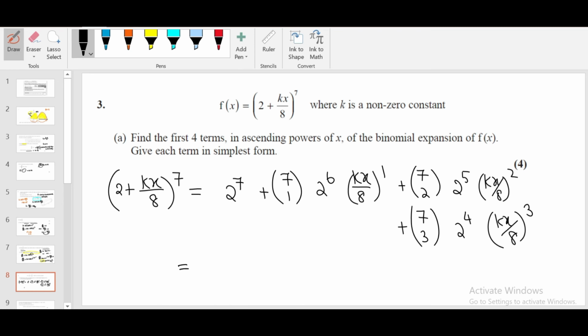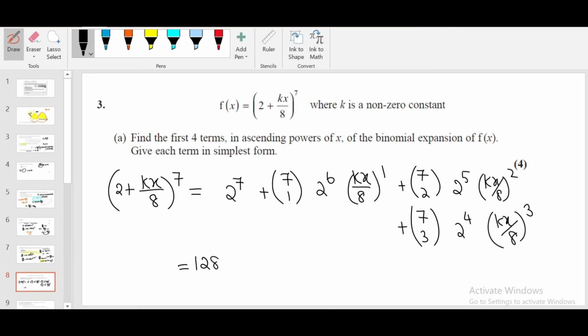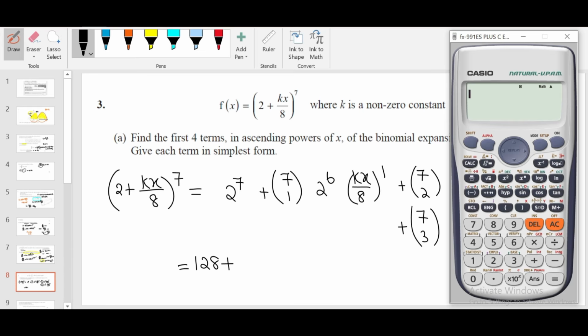2 power 7 first, 2 power 7 is 128, plus 7C1. 7C1 is just 7.